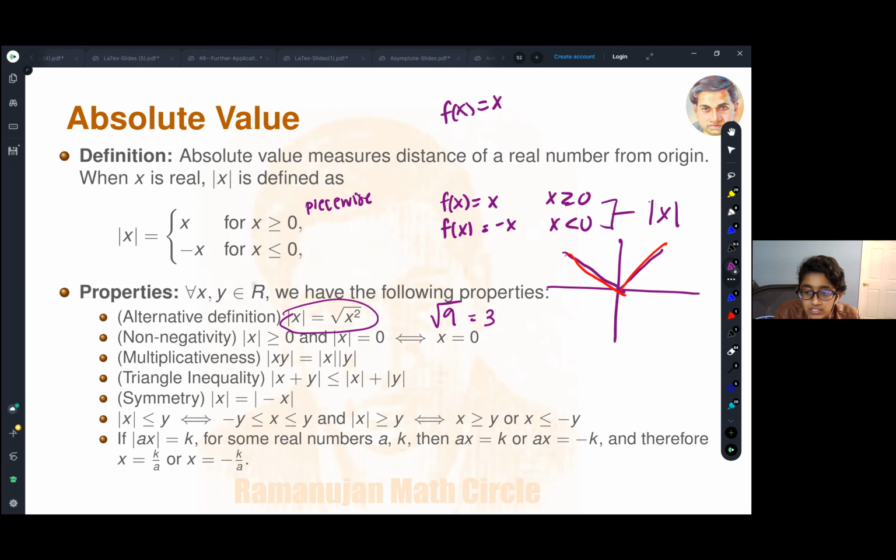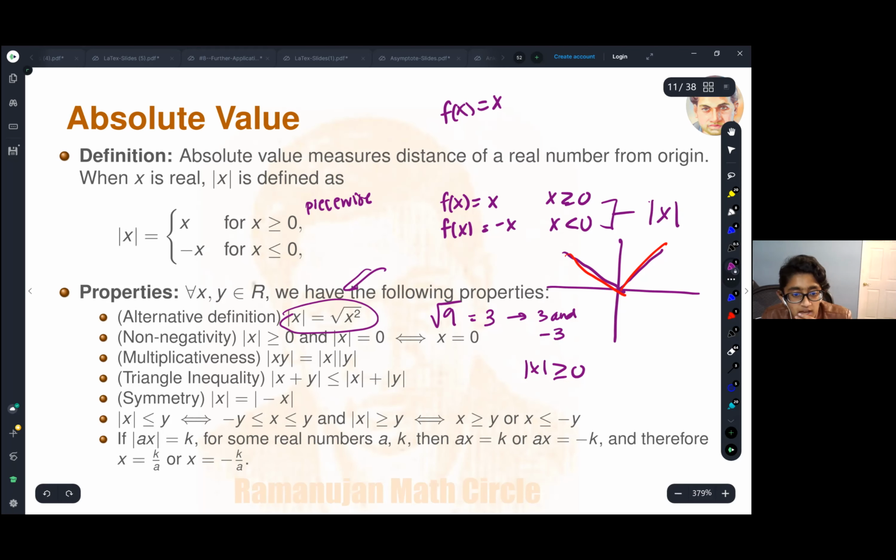But if you realize, actually, both 3 and negative 3 squared are 9. Both work for square root of 9. So because of that, we have this property. And now we have some other properties, which is that an absolute value always has to be positive or 0. And so this is the basic rule that absolute value of x is greater than or equal to 0.